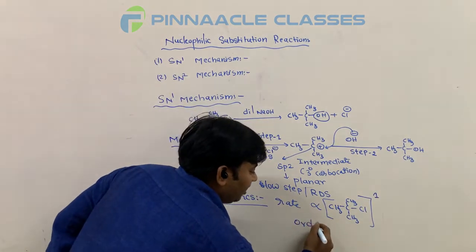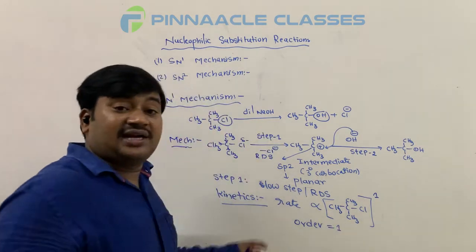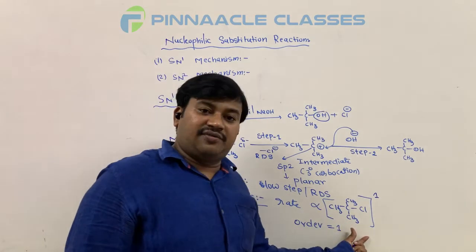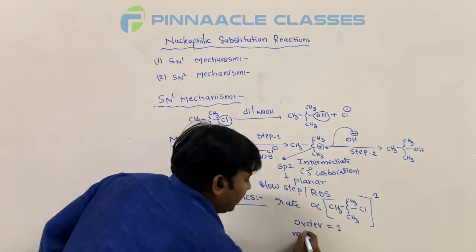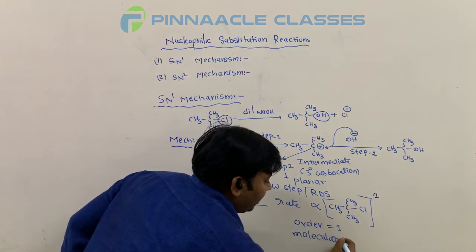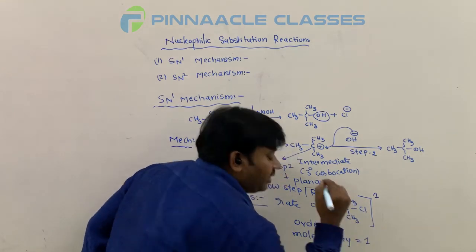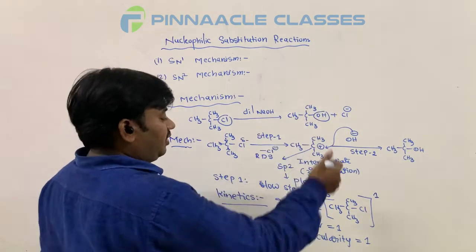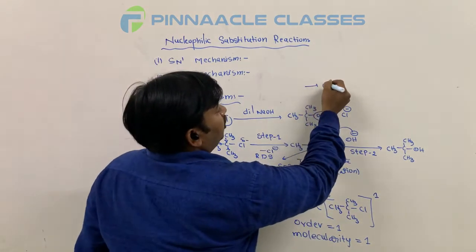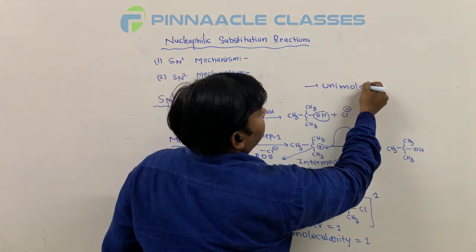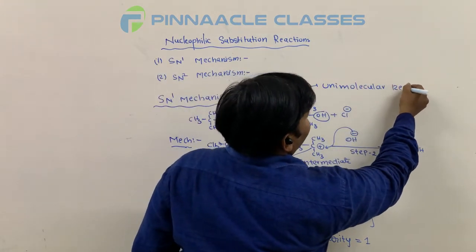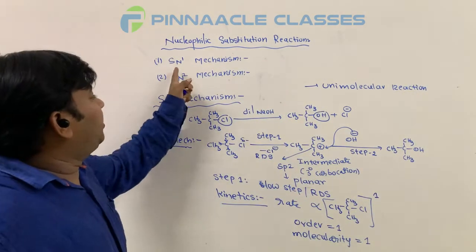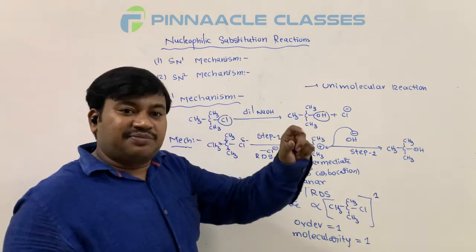You can write, order of this reaction is 1. How many reactants are involved in this reaction? Only one reactant. So what is the molecularity of the reaction? It is 1. Whenever molecularity is 1, that is called a unimolecular reaction.